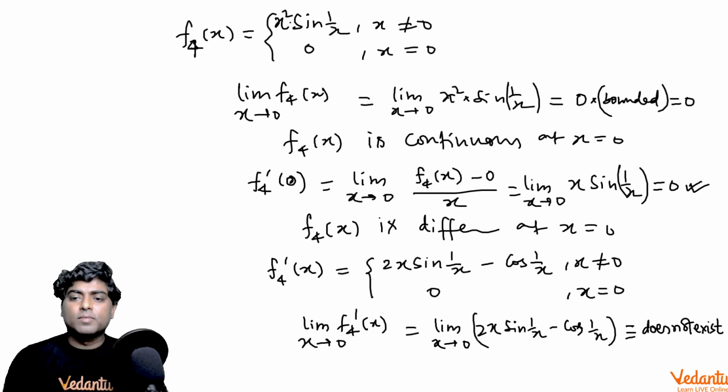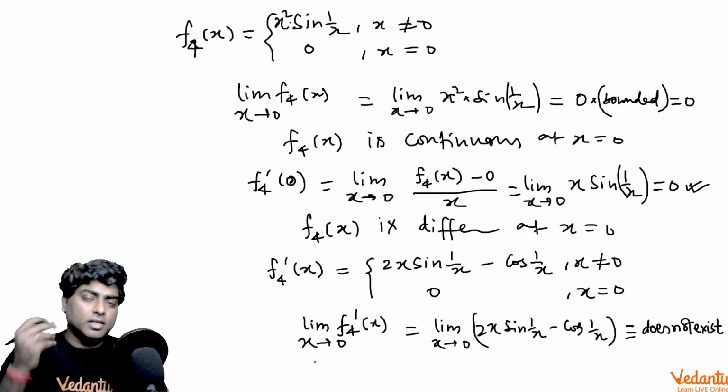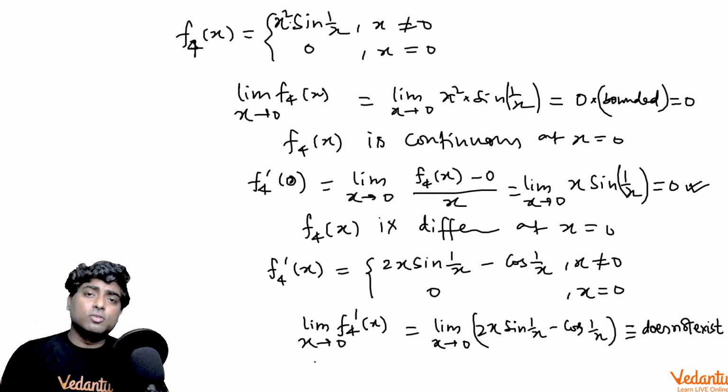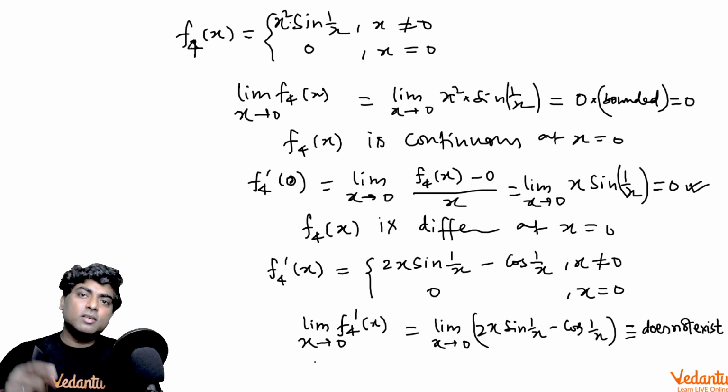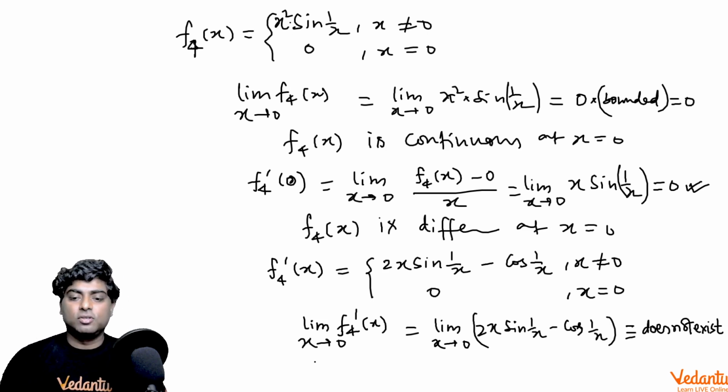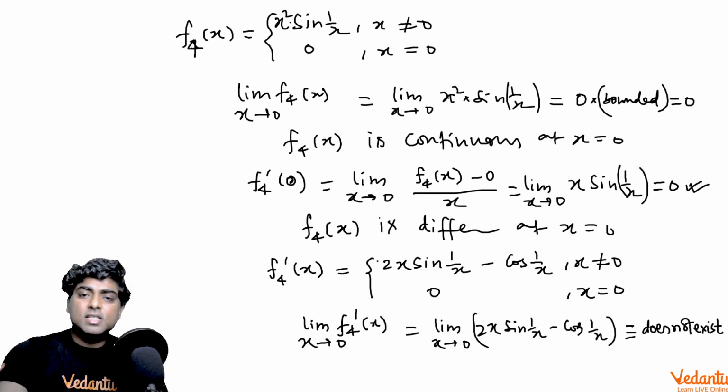So we can say that f4 dash is not continuous at x equal to 0. It is defined at x equal to 0, but some function can be defined at some point and may not be continuous. The same thing is happening with f4 dash. So function f4 x is differentiable at x equal to 0, but its first derivative is not continuous.